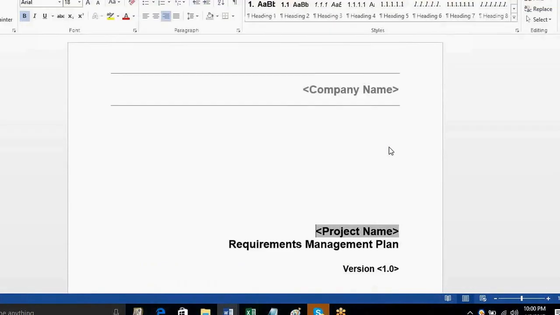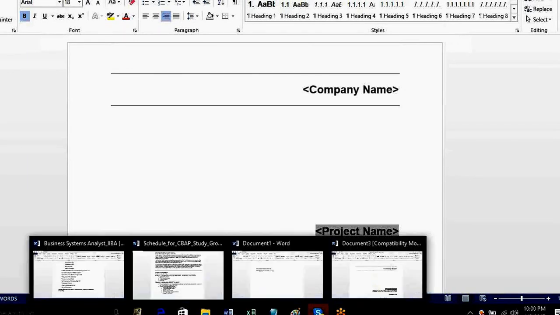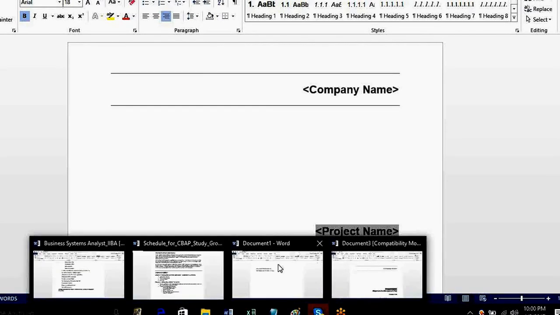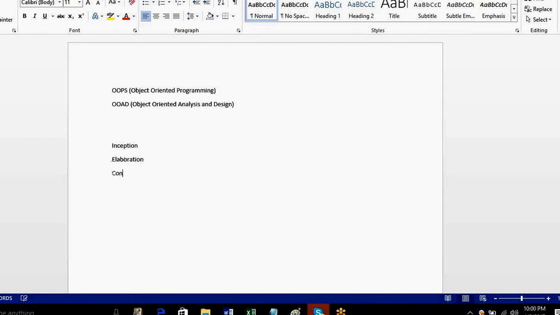Since I was a champion of RUP, Rational Unified Process, just like your waterfall model, RUP has something called these 3 phases or 4 phases: inception, elaboration, construction, transition.